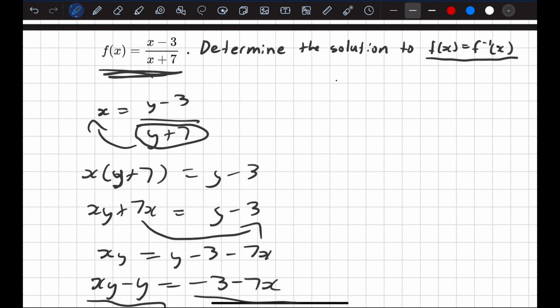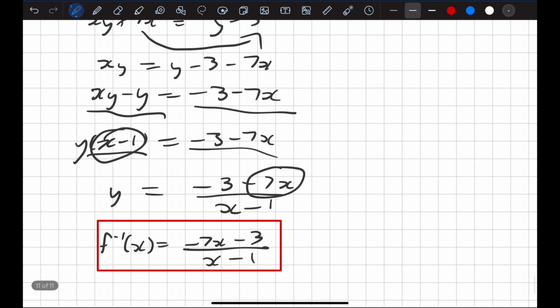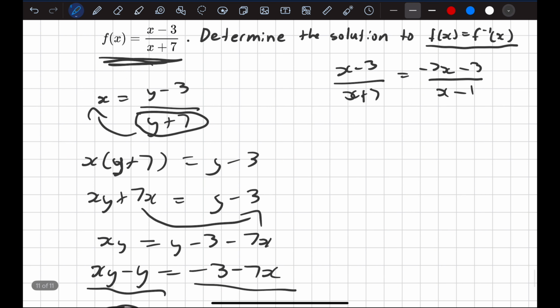Let's do our f of x: (x − 3) over (x + 7) equals our inverse, which was (−7x − 3) over (x − 1). Yes, it was. Now our goal is to have x equal something, so we want to get everything on one side. We start by cross multiplying.